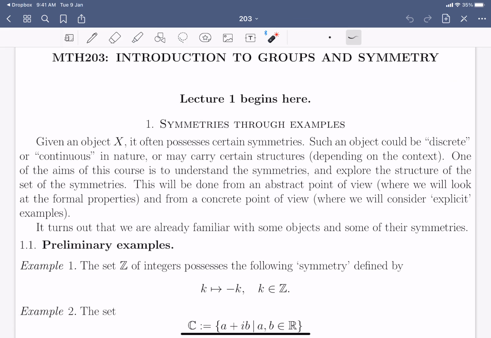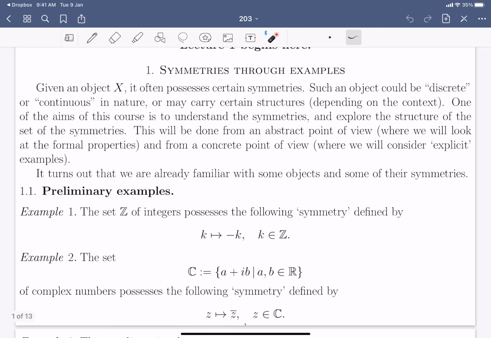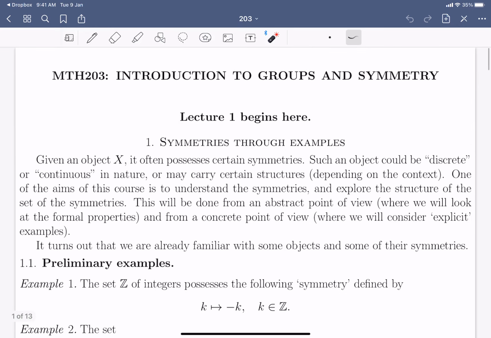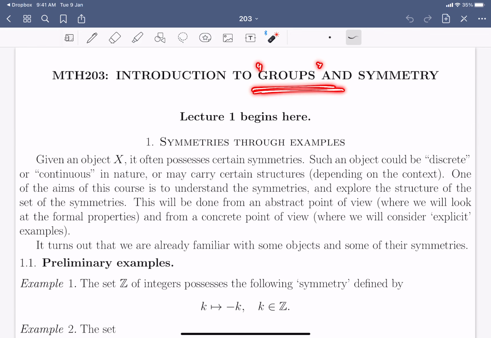So let's try to have a few examples. Let me mention that the introductory part of this is going to be quite naive in nature. I'll be talking about several things, and I will not be in a position to make precise sense of at least a few of them, because to make them precise I need some mathematical notions or notations, and that is precisely the notion of groups.